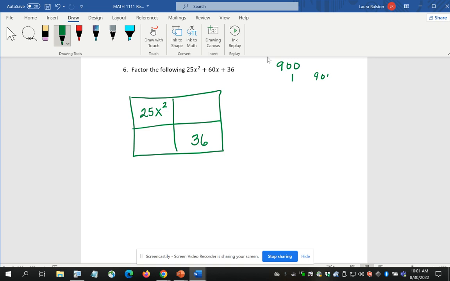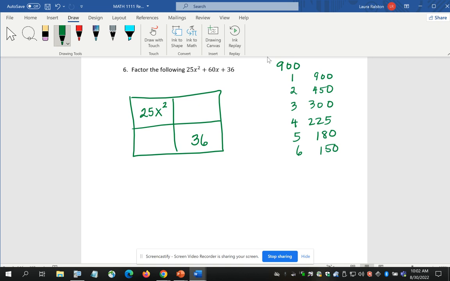So I have 1 and 900, 2 and 450, 3 and 300. Let's see, does 4 go? Yep, 4 times 225, 5 times 180, 6 times 150.